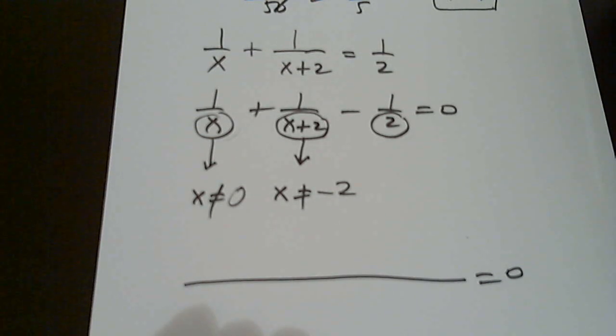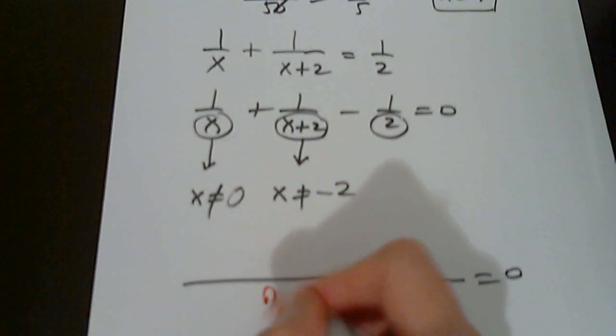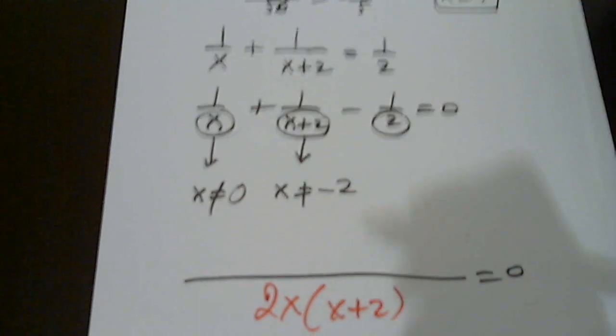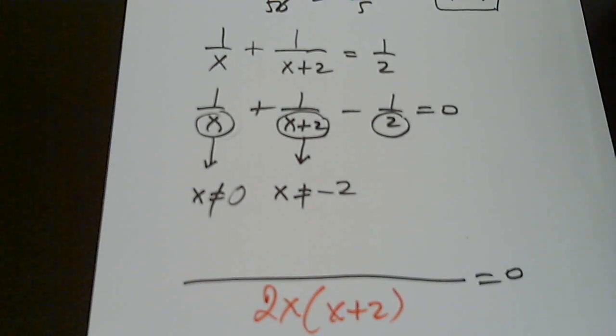They have nothing in common. What will be the least common denominator? Would it be 2x and then x plus 2? Thank you very much. They have nothing in common. I have 3 factors, 3 denominators. All of them have to be in the least common denominator. There is no way around it.